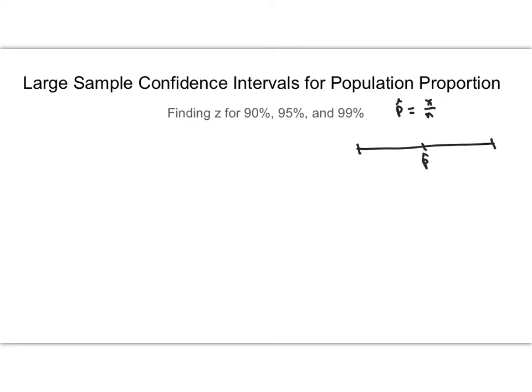And that goes in the middle of our confidence interval. 1 minus alpha equals our confidence level, and our confidence level is the boundaries around our confidence interval.